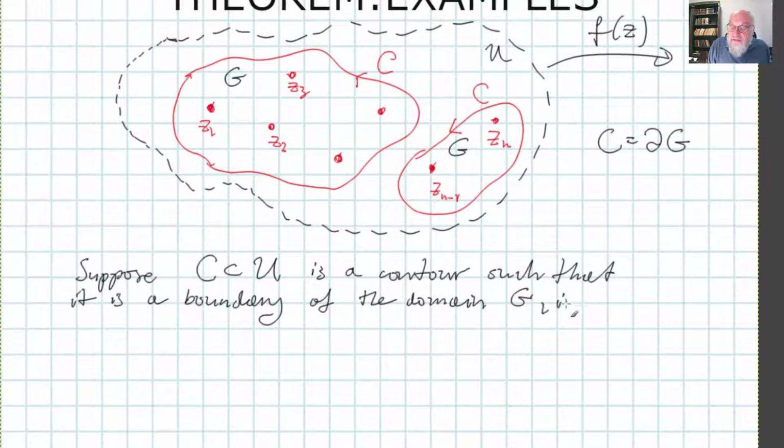That means, simply write it down, the boundary of G is equal to C, and that means the orientation is the positive orientation defined by this particular domain.